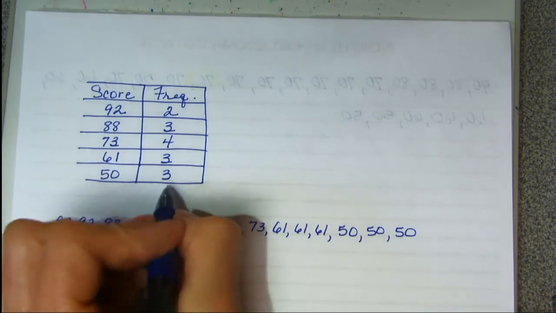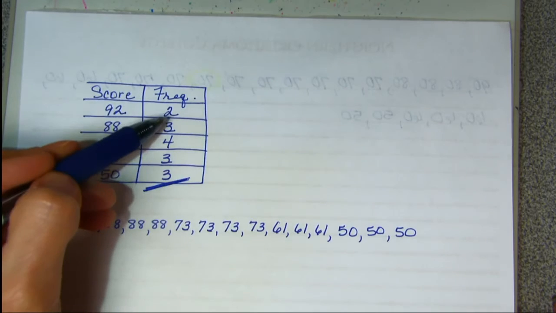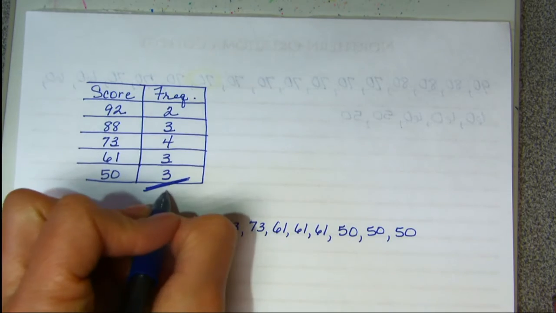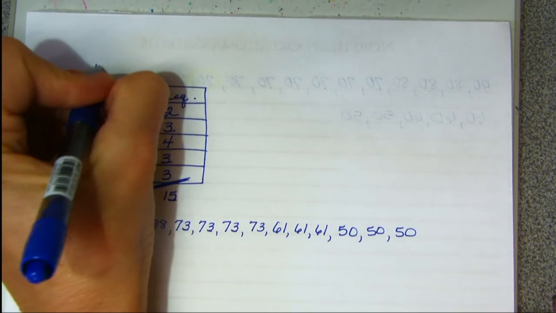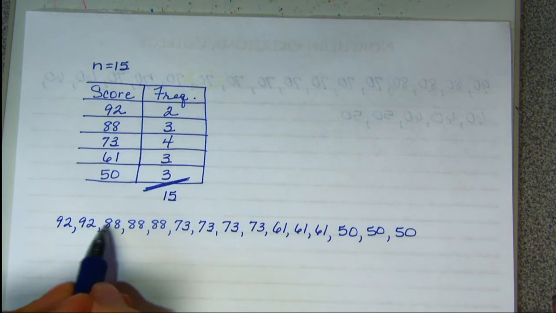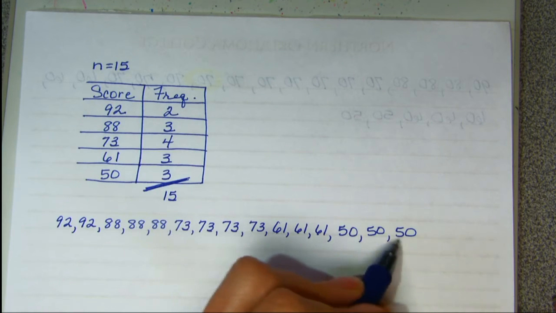All right? So if you add this column, it tells you how many numbers you should have. So 2, 3, 4, 5, 9, 10, 11, 12, 13, 14, 15. So n is equal to 15. 1, 2, 3, 4, 5, 6, 7, 8, 9, 10, 11, 12, 13, 14, 15.